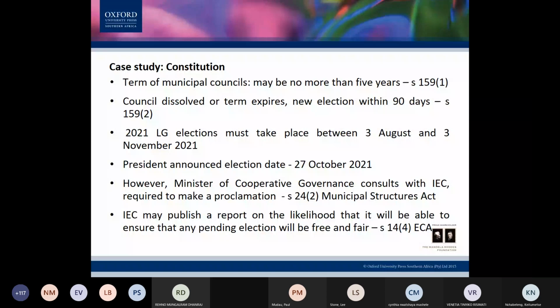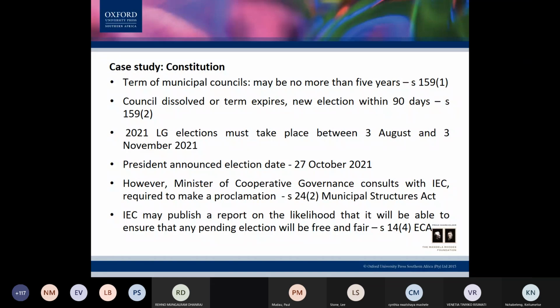What needs to happen is that there have to be elections within 90 days, whether the municipal council is being dissolved by the provincial government or its term expires within 5 years. But within 90 days, there has to be new municipal elections. This is required in terms of Section 159, Subsection 2 of the Constitution.